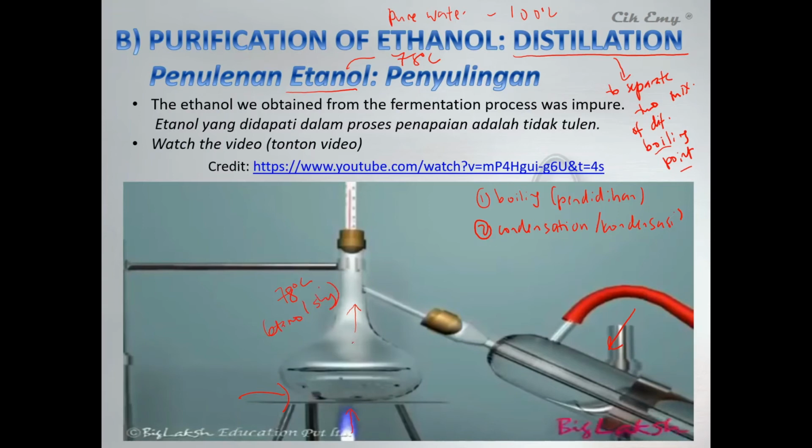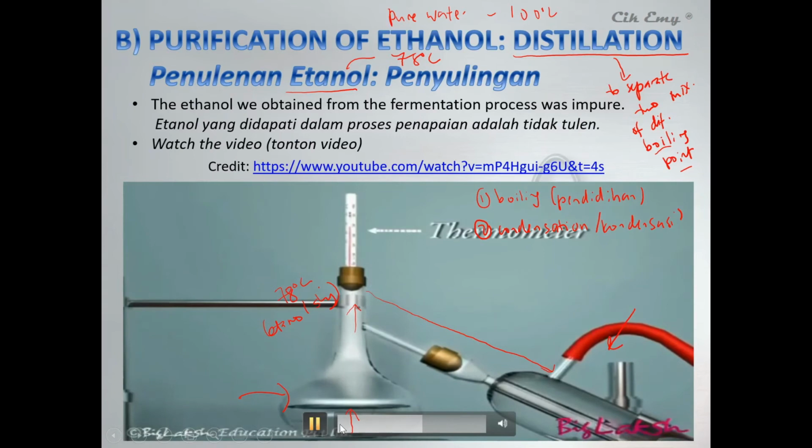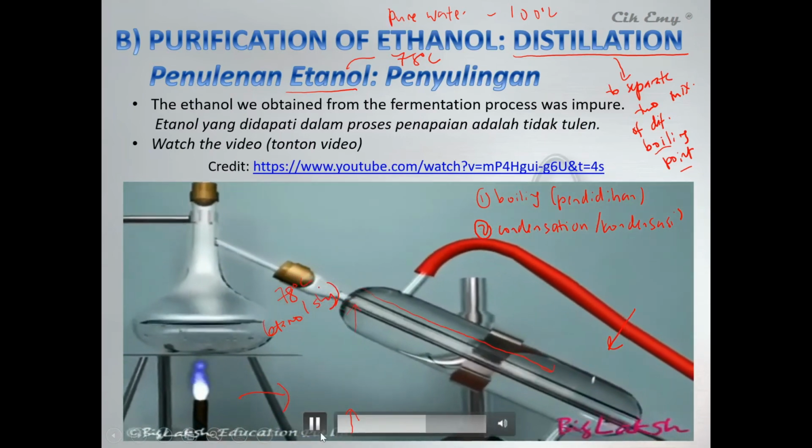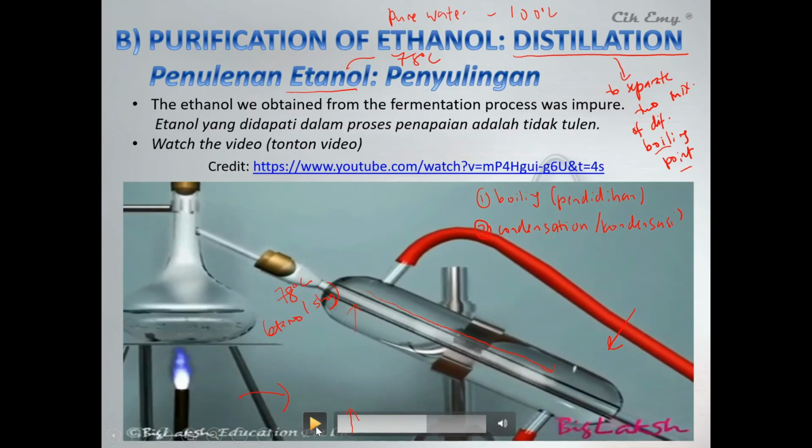So, bila dia masuk sini, this vapor will go into the Liebig condenser. So, dia akan masuk ke dalam condenser Liebig. So, kat sini apa yang berlaku, you will see the water here kan. Awak nampak air masuk dan air keluar kat sini kan. So, this cold water will condense the vapor.